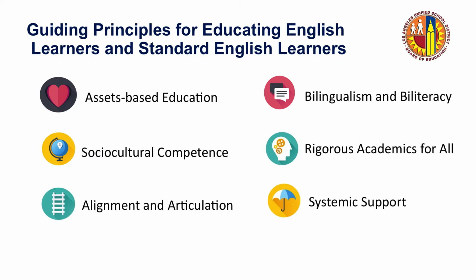And so that document, along with a lot of stakeholder input, guided in establishing these 6 guiding principles for the development, as well as the implementation of our EL policy in LAUSD, which we call the 2018 Master Plan for English Learners and Standard English Learners.